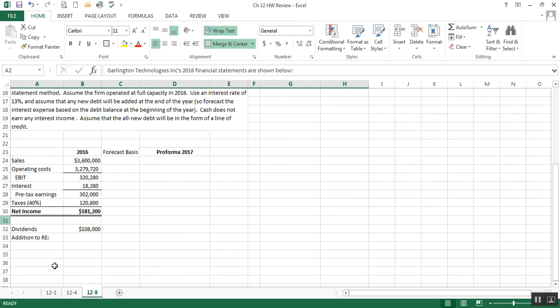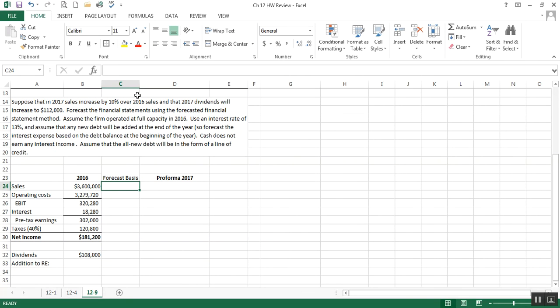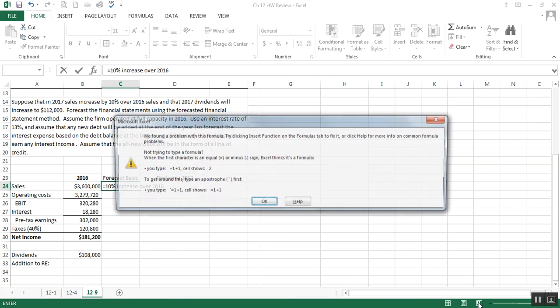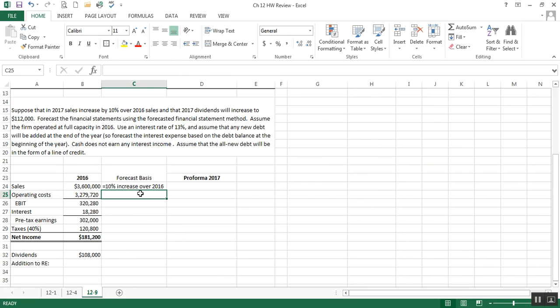Well, our starting point is 2016. Then we need to figure out what our forecast basis is. We know from the information here that our sales are going to equal a 10% increase over 2016. Whoops, doesn't like it when I put an equal sign there. Okay.